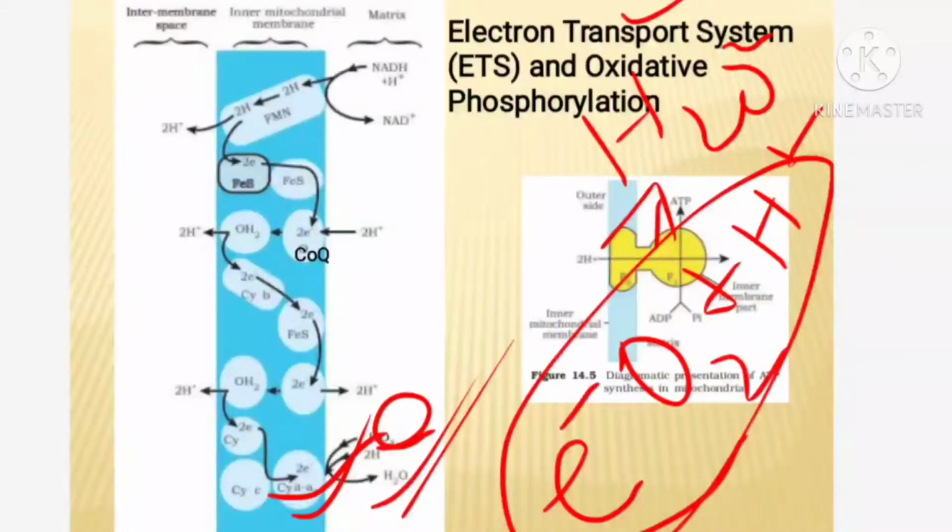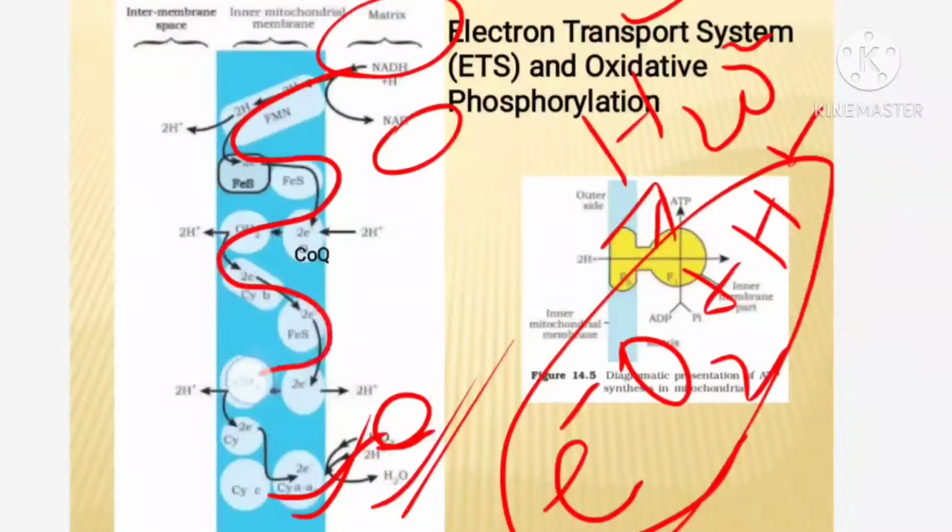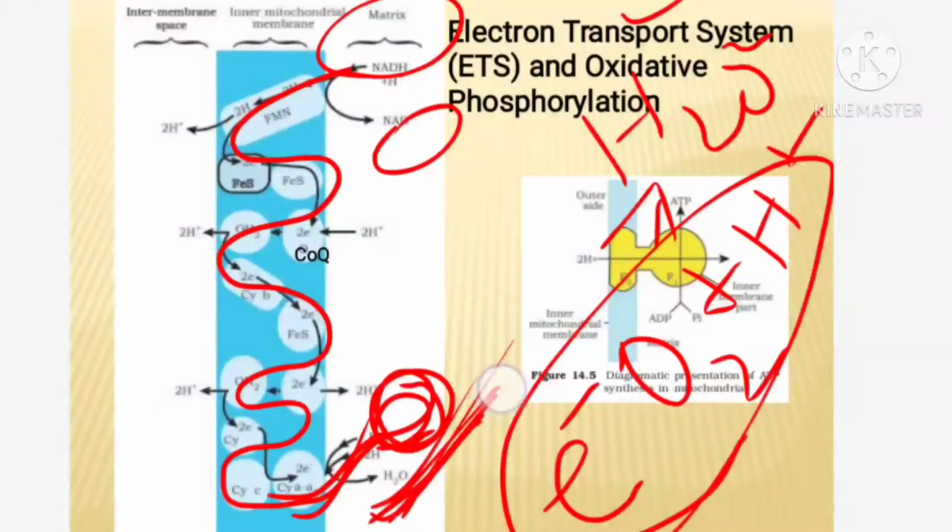Electrons are getting transported from NADH2; when it is broken down, it forms NAD, electrons and hydrogen. Electrons are transported through the electron transport system and at last they are accepted by oxygen and converted into water. When the electrons are coming, they have high energy which helps in pumping the hydrogen present in the matrix to the intermembrane space.